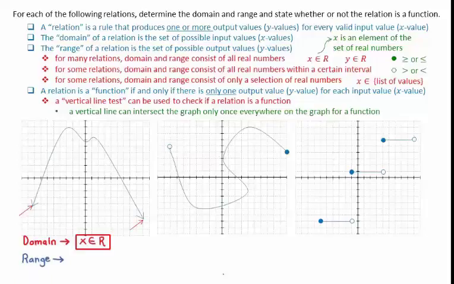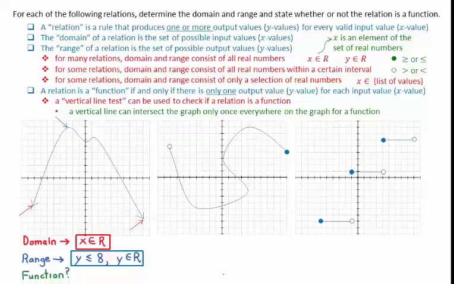For the range, we must consider possible y values. Note that we have a maximum y value of 8. The arrows also show that it continues infinitely in the negative y direction, so y less than or equal to 8, and we also must include that y is an element of the set of real numbers.